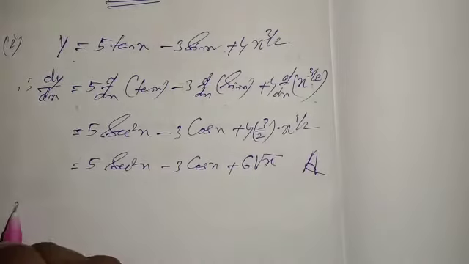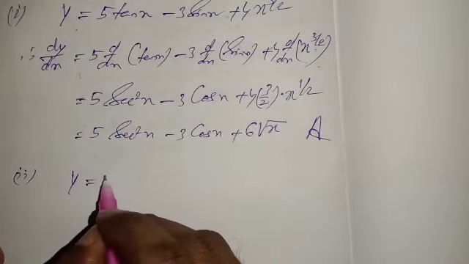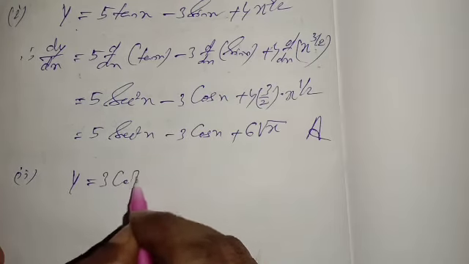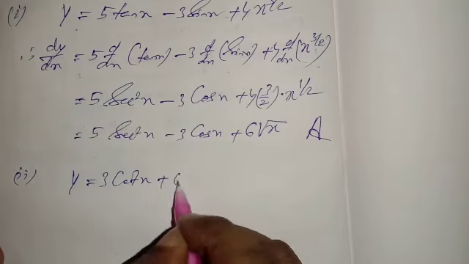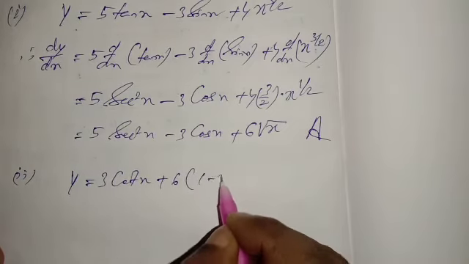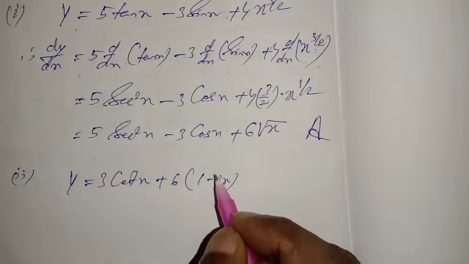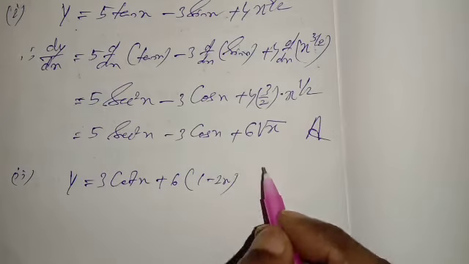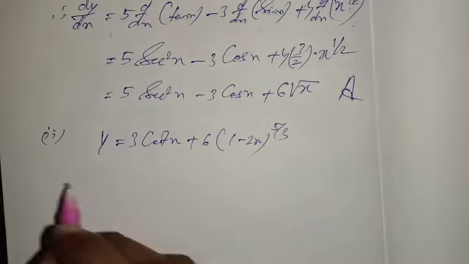Answer. Second part. The second part question given is y is equal to (3 cot x plus 6) whole into (1 minus 2x) whole to the power 5 by 3. This is the question given.